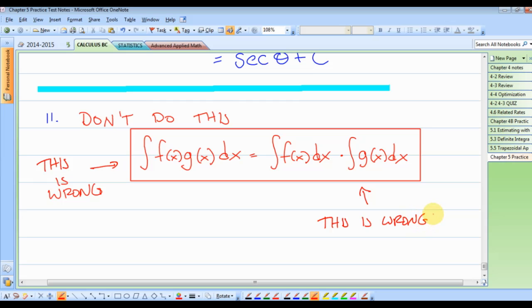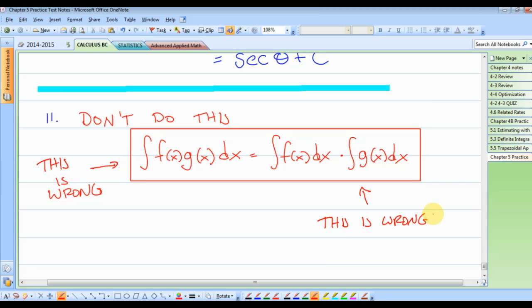Remember what I said. There is no product rule for integrals. You cannot break up a product. There is no product rule for integrals. Okay?